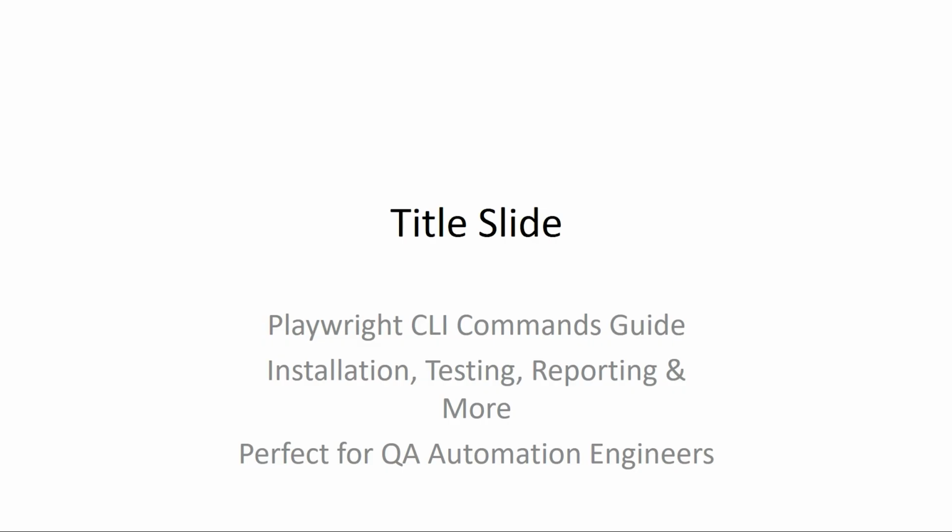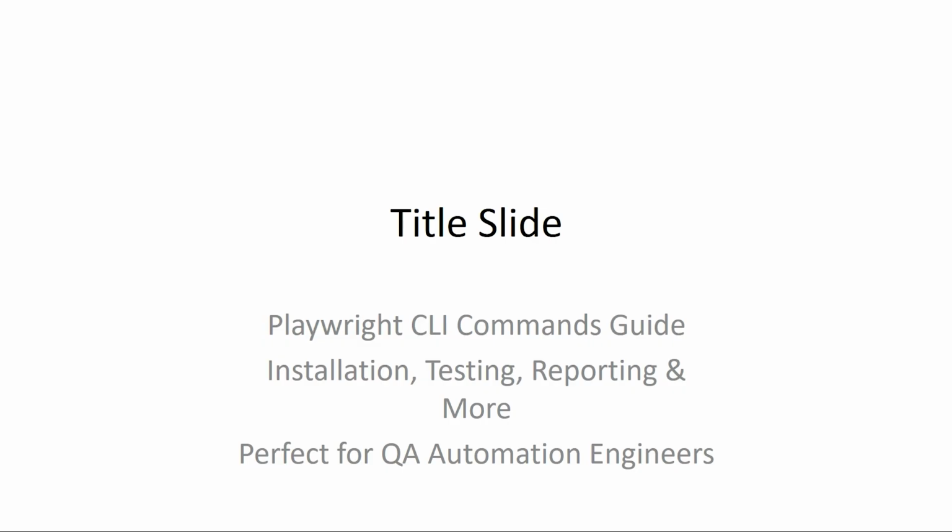Today in this video we are going to talk about Playwright CLI commands. Playwright is a powerful automation testing tool used for testing modern web applications across different browsers like Chrome, Firefox and Safari.